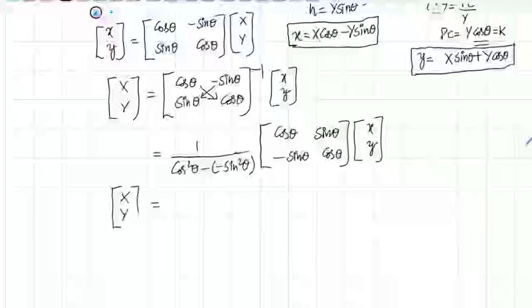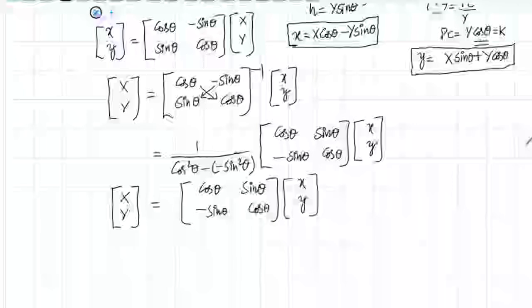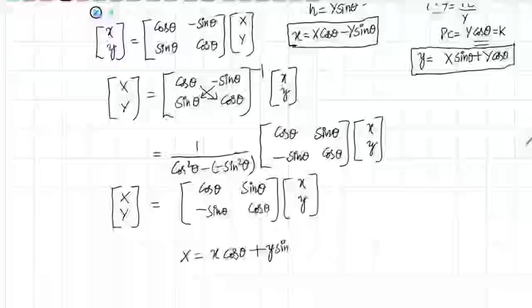Capital X, capital Y is equal to cos theta, sine theta, minus sine theta, cos theta, multiplied with small x, small y. Okay, therefore from this matrix equation we'll get two more equations, which are capital X is equal to small x cos theta plus small y sin theta.